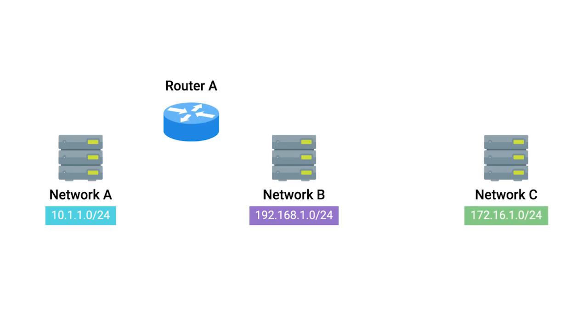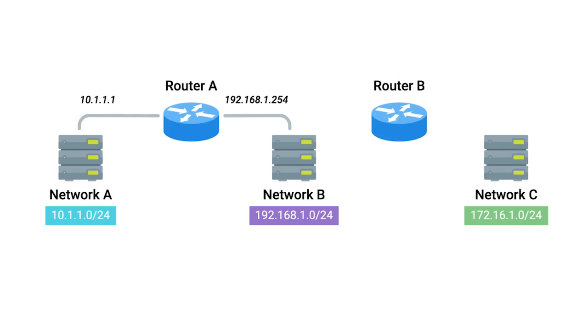Router A sits between network A and network B, with an interface configured with an IP of 10.1.1.1 on network A and an interface at 192.168.1.254 on network B. There's a second router, router B, which connects networks B and C.